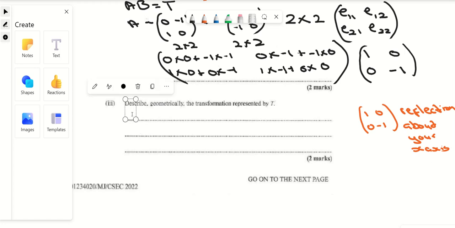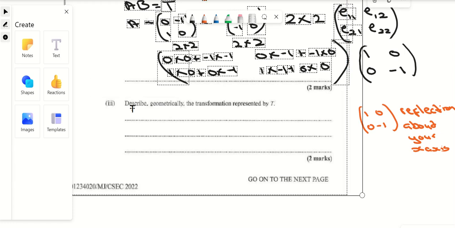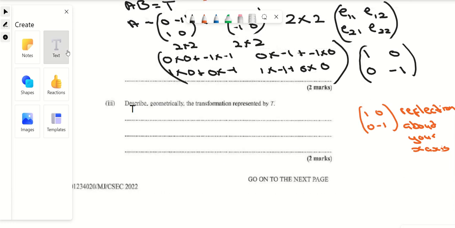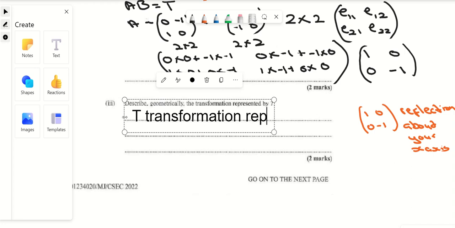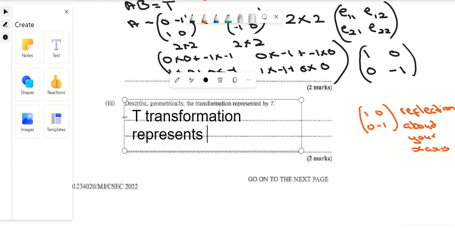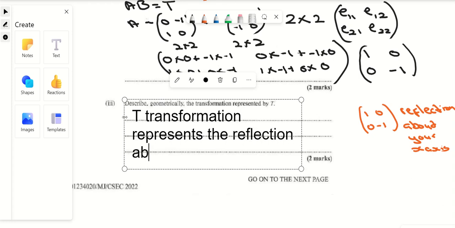when they say describe this transformation, T transformation represents the reflection about the x-axis.